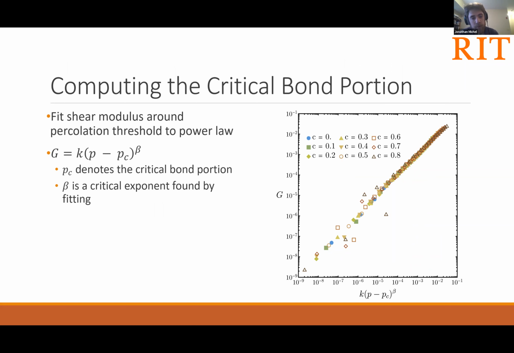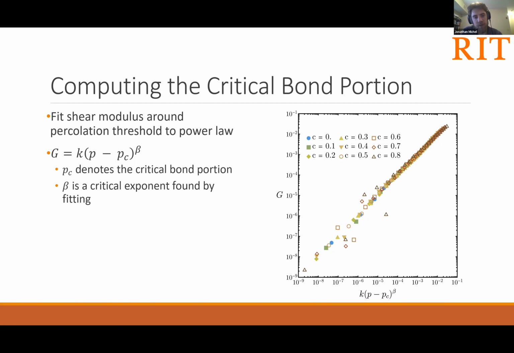So that is the actual portion of bonds minus the critical portion, PC, which is the minimum amount needed to form a marginally rigid structure. So here we denote by PC the critical bond portion, and by beta the exponent with which the shear modulus scales with excess bond portion.